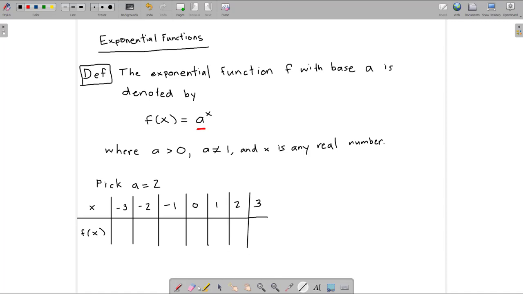Okay, let's take a look at x equals -3. Then our f of x here is going to be 2 to the x, but we're plugging in -3, so 2 to the -3.